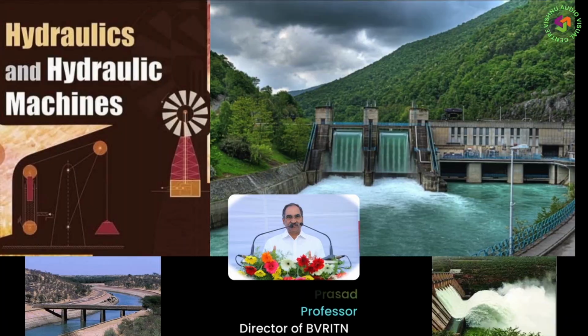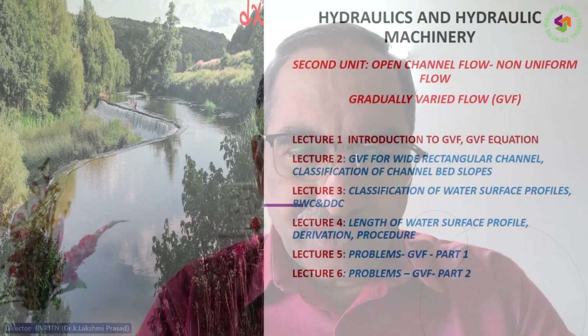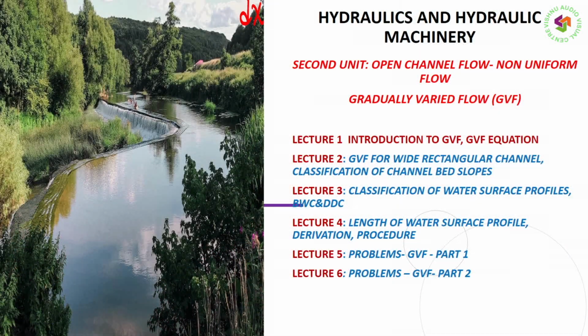So, in this last lecture of gradually varied flow, we discuss the method to find out the length of surface profile.